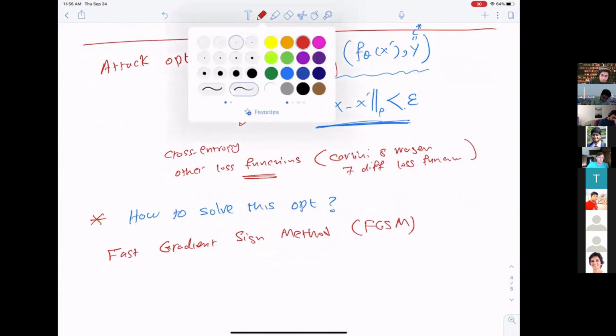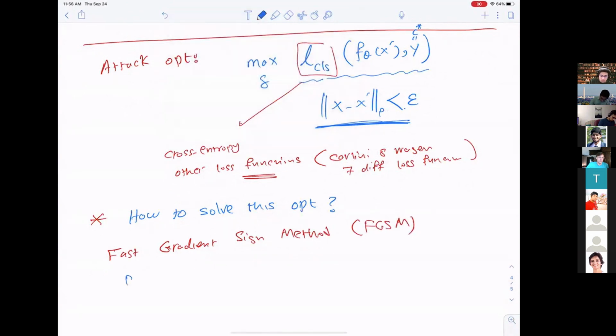It is mainly developed for L infinity, so basically the threat model is L infinity. And the idea is really, really simple. It is just one step of local search. Here I want to find the delta that maximizes this classification loss, right? Remember before, when we were minimizing, we went in the opposite direction of the gradient. Now I'm just going to look at the gradient direction and go in the direction of my gradient. How much can I go? I'll go until I would violate my constraint.